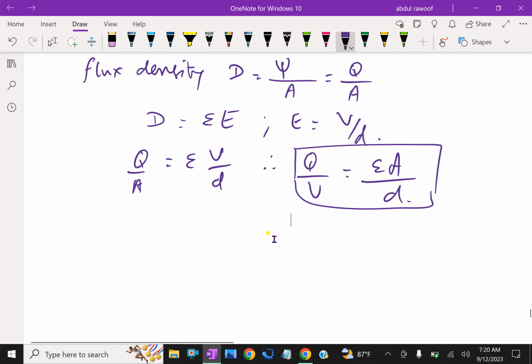Now the capacitance C equals epsilon 0 epsilon R A over D farad.